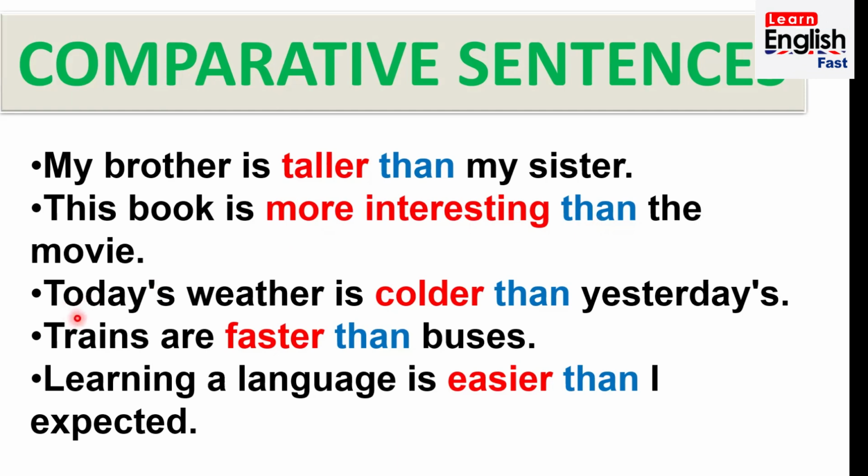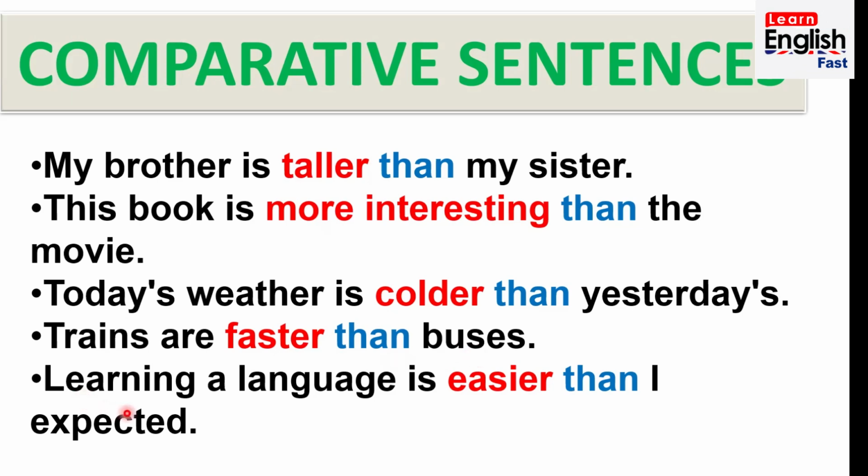Next sentence, today's weather is colder than yesterday's. Ikirere cy'uyu munsi tuvuga weather. Today's weather is colder, kirakonje cyane, than kuruta yesterday's, ikejo hashize. Next example, trains are faster than buses. Gari ya moshe zirihuta cyane gusumba bisi.